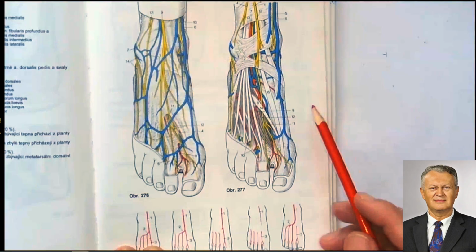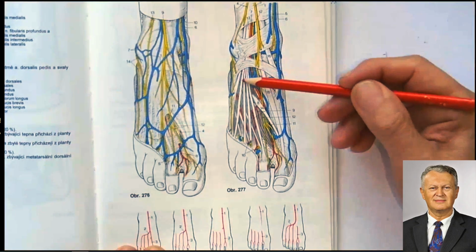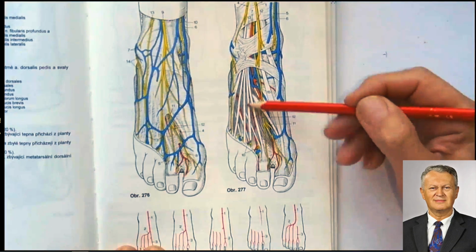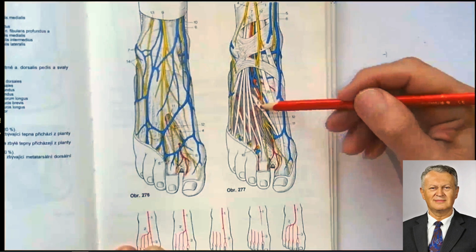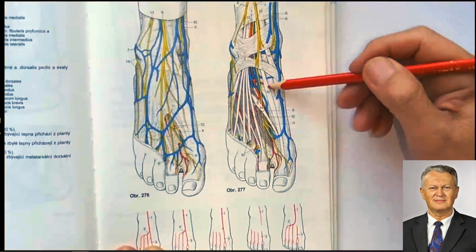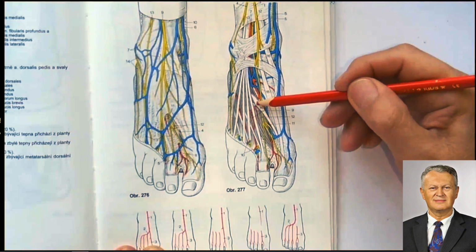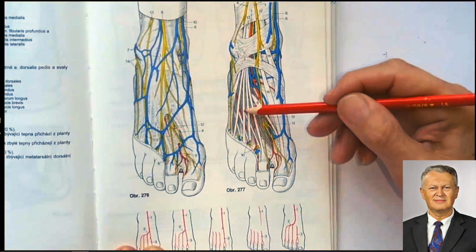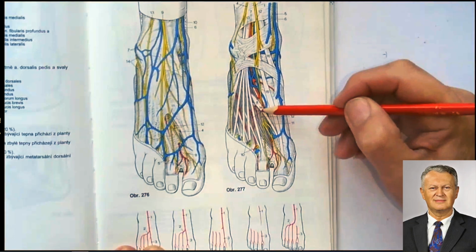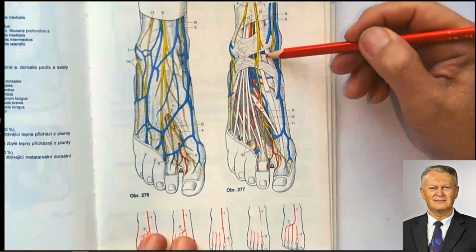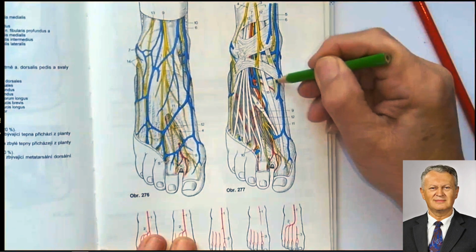Inferior extensor retinaculum. Beneath the retinaculum descend the long tendons of the extensor digitorum longus, extensor hallucis longus. Sorry, these are short. This is the long extensor hallucis. Together with the short ones, we see the short tendons of the extensor digitorum brevis, extensor hallucis brevis, and here you see the tendon of the tibialis anterior, maybe again it could be a little bit colored.